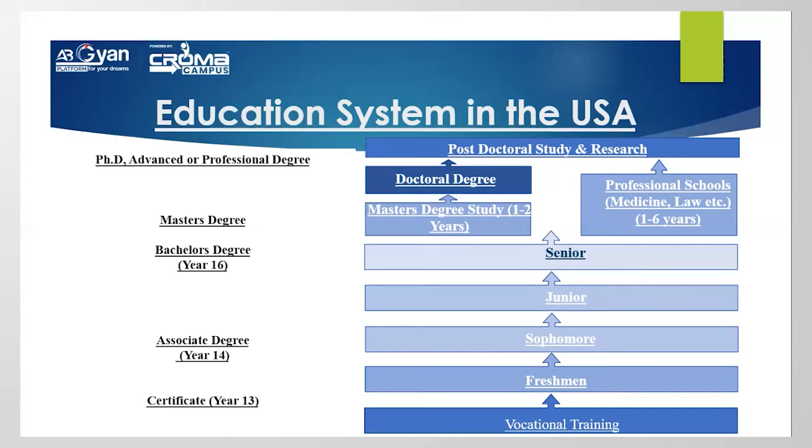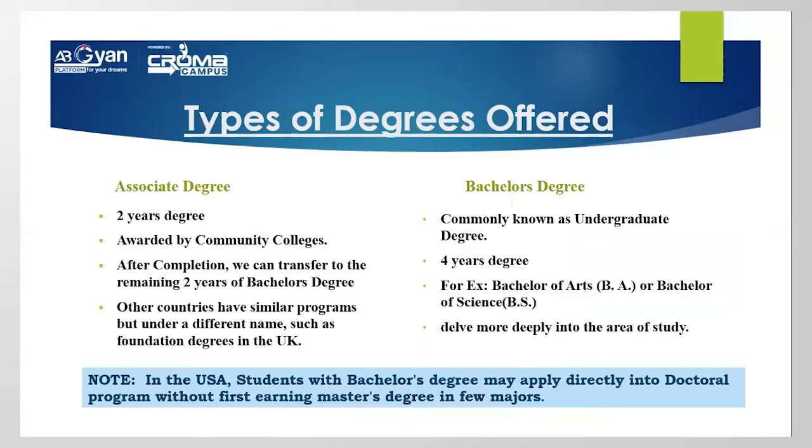Now we'll proceed with the next step, which is types of degrees offered in the USA. So here we are gathered for the bachelor's undergrad degree. There are majorly 2 types of degree in the USA. First is the associate degree and second is the bachelor's degree. The associate degree is 2 years as we discussed earlier, and the bachelor's degree is 4 years.